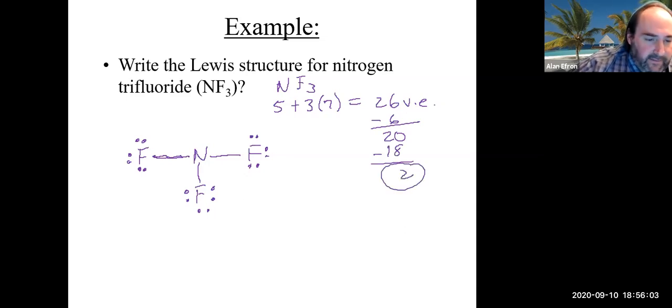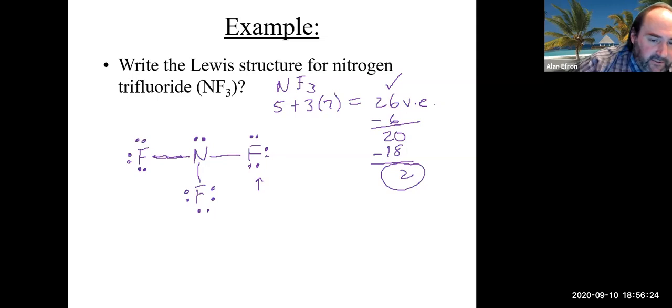Since I've already filled up everybody on the outside, that is when I go to the center and put them on again as pairs. And now I have a grand total of 26 electrons. The last thing I want to do is make sure everybody has 8. Fluorine on the right here, 2, 4, 6, 8. All the fluorines are identical to each other. They all have 8.